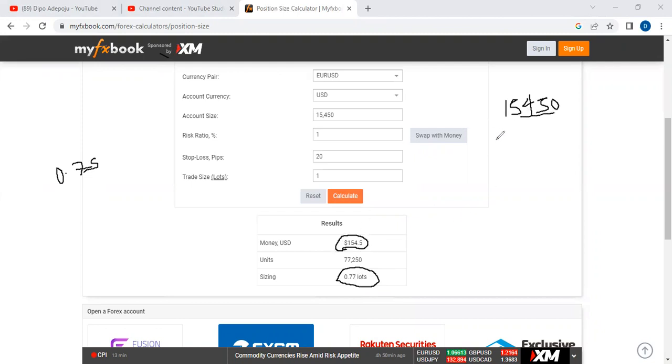Right? So if you keep doing like that, now if you assume you lose a trade, you are going to lose out of this profit. That means you are losing minus 154. That's what you are losing. Minus 154, leaving 692. Right? You are still going to be in profit.